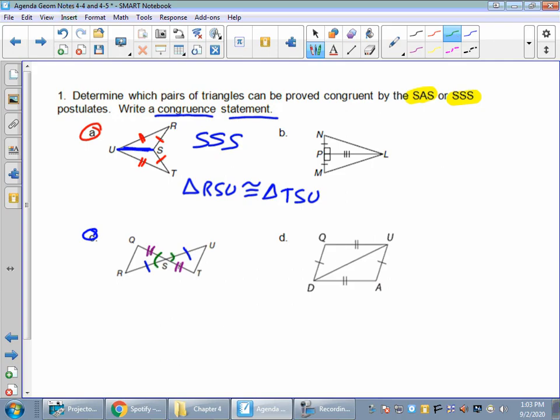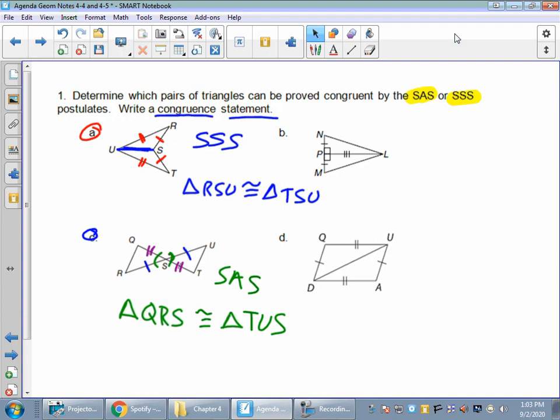Remember, vertical angles are congruent, so those two angles would be congruent. So now we'd be talking about side, angle, side. And so we would write a congruent statement saying triangle QRS would be congruent to triangle TUS. Okay? The side, angle, side.